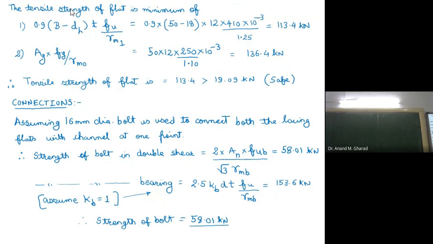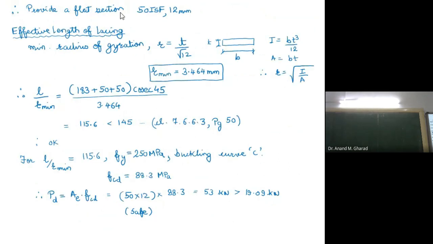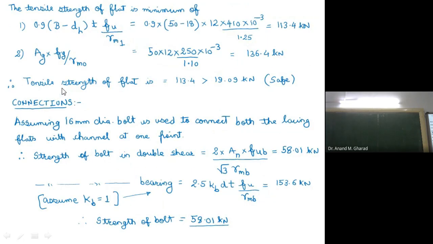Lacing flat हमने compression member के लिए design, as a compression member design किया यहाँ पे. And the next instant we have checked what will be the tensile strength or tensile capacity of that same member. Since it has only a single bolt which will be involved, that we know, rather I know, that there will be only one bolt.